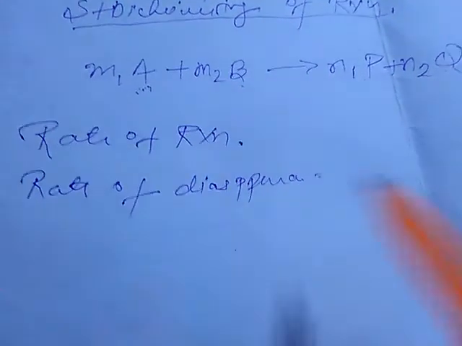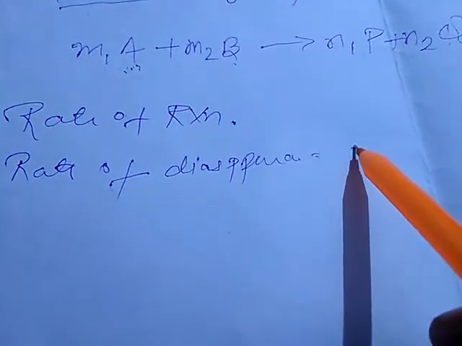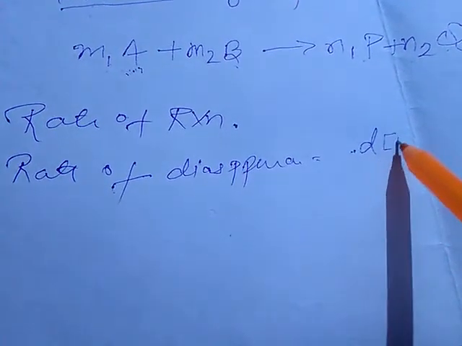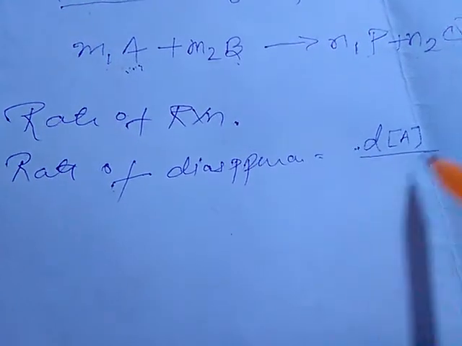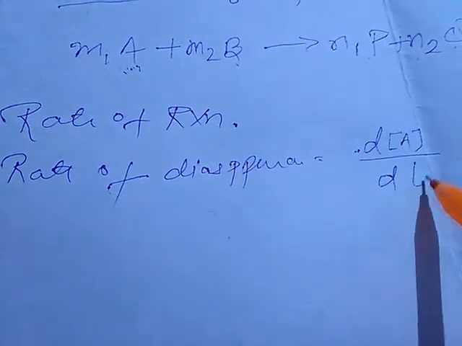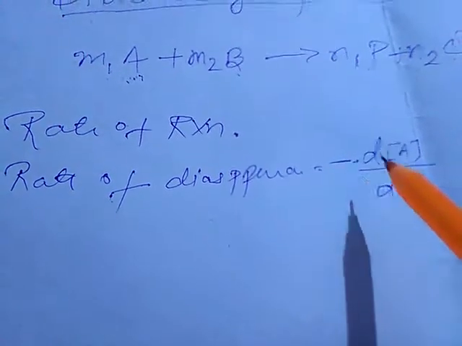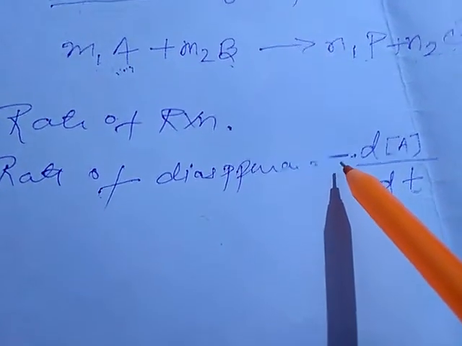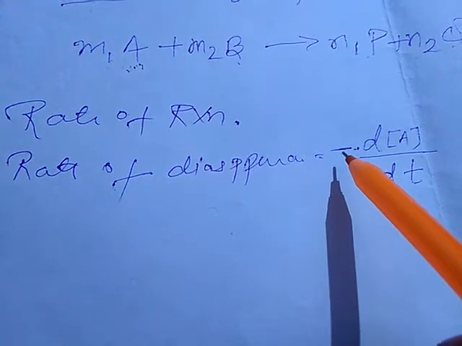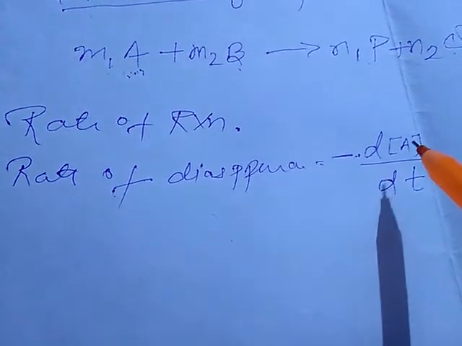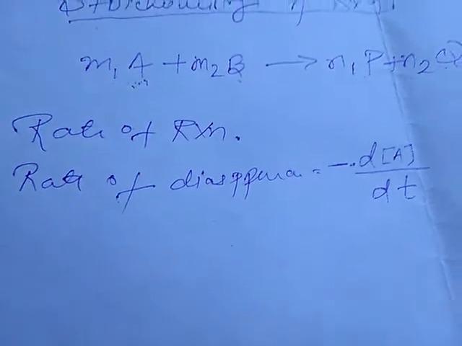So rate of disappearance of A equals minus d concentration of A by dt, and here the minus sign would be present. Once again I am telling, it represents the decrease in the concentration of A as the reaction proceeds.